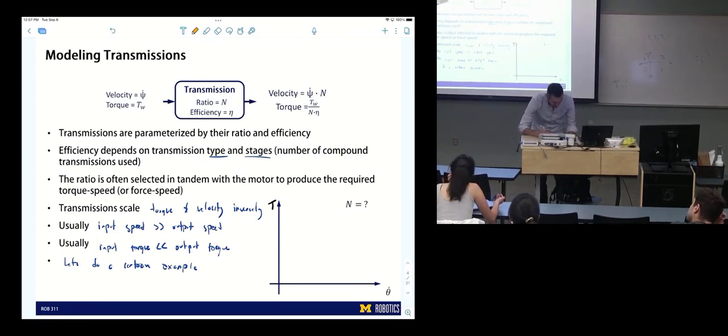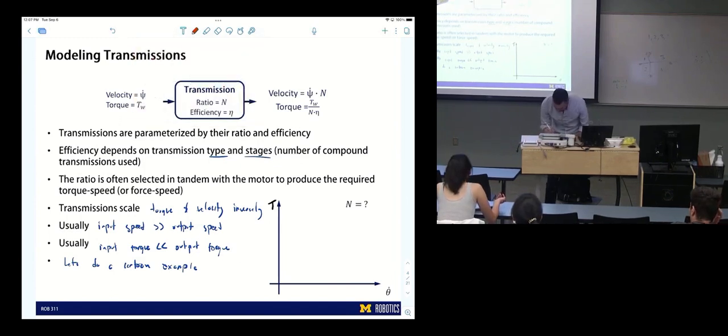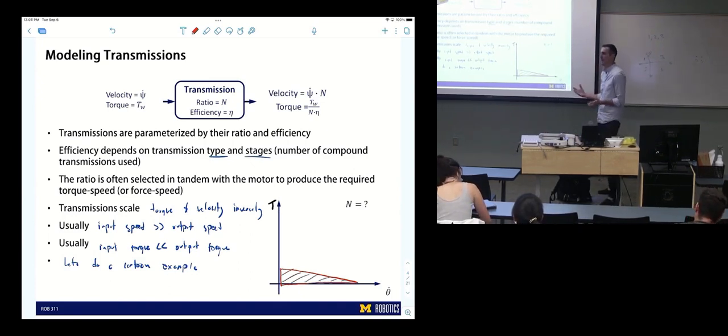So let's say the input to this task exists somewhere in here. So if I were to look at the torque velocity requirements from the input of the motor, it might exist somewhere in this range. So let's say I want something like this.